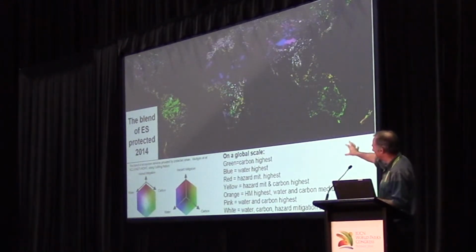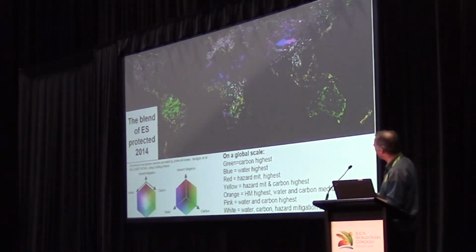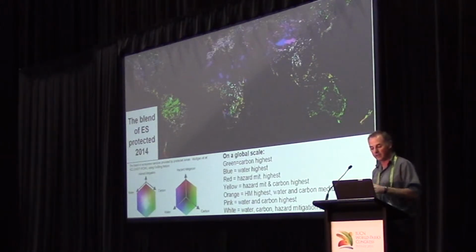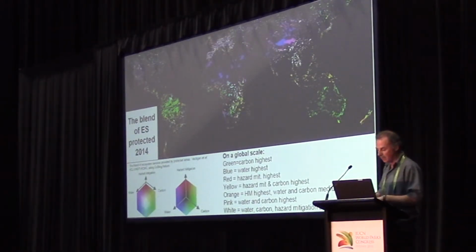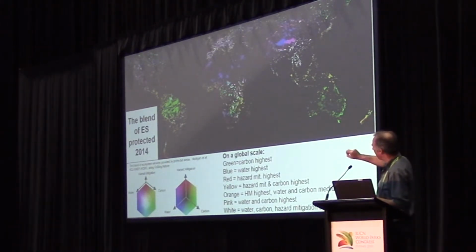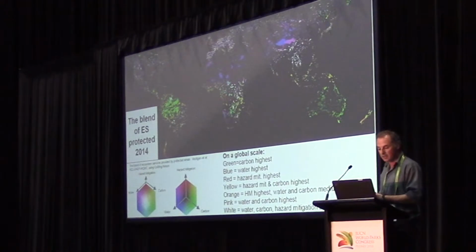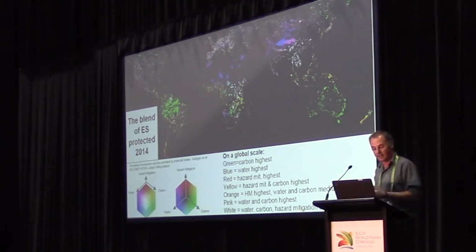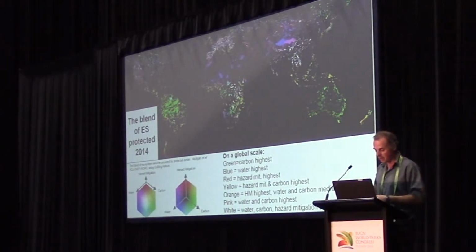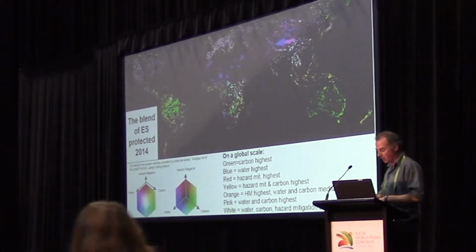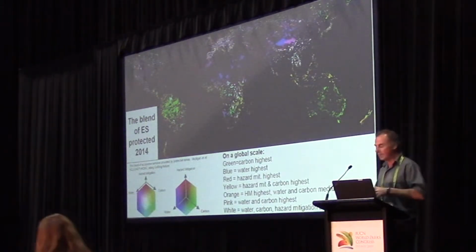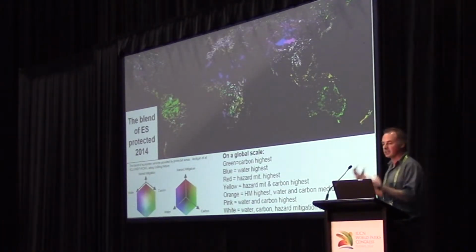So if we have something that's very green, again like the Amazon, then actually the thing that it most protects is carbon, because the other two services are quite low. If something is blue, then even if it's in a desert, it has less carbon, less hazard mitigation than it does have water. And if it's pink, then it's protecting water and carbon. So you can see different parts protect different things.